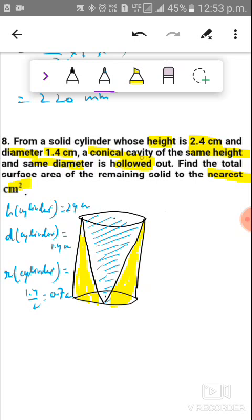Now, for this side I have written for the cylinder, and on the right hand side of this diagram I am going to write for the cone. This is for the cylinder and this is for the cone.